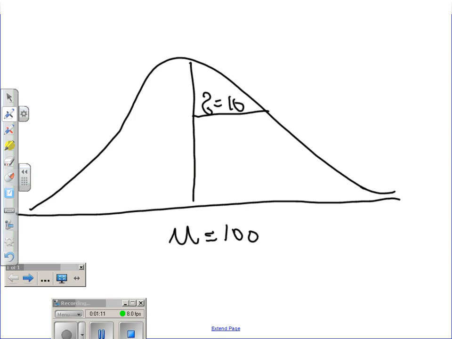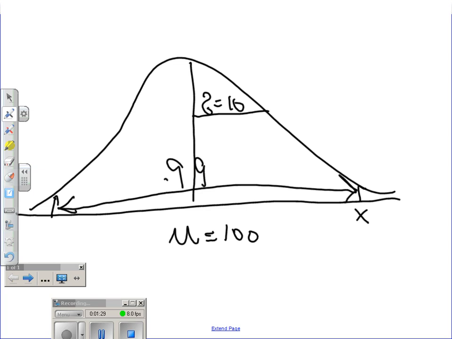And we're looking for that x value and its opposite on the other side of the mean that has the property that between them is contained 99% of the total area, which means this little piece that, let's deal with this x first.